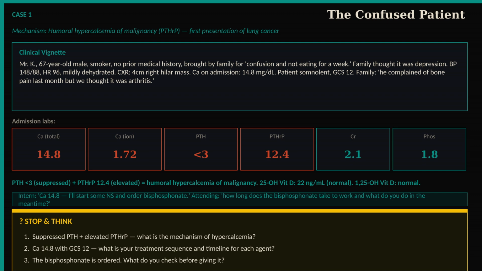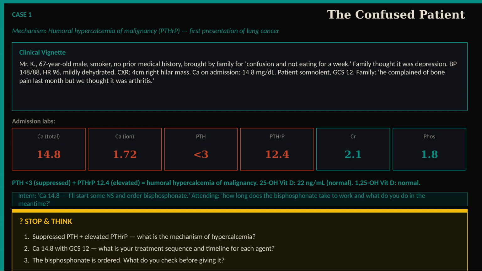The family mentions he complained of bone pain last month, but they chalked it up to arthritis. The workup: PTH suppressed, under 3. PTH-RP elevated at 12.4. That combination, suppressed PTH with elevated PTH-RP, is humoral hypercalcemia of malignancy.